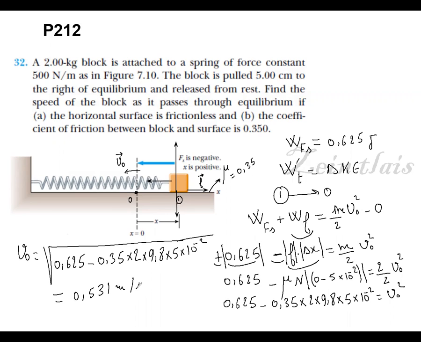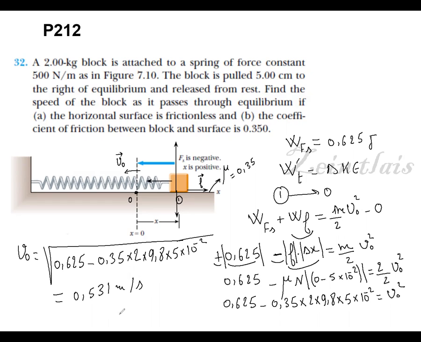We get here 0.531 meter per second. This is a new velocity at position O, and as you see, it's less than the old one in the case where we don't have interaction between the block and the plane. In the case of interaction, the friction will resist the motion, so the velocity will be less.